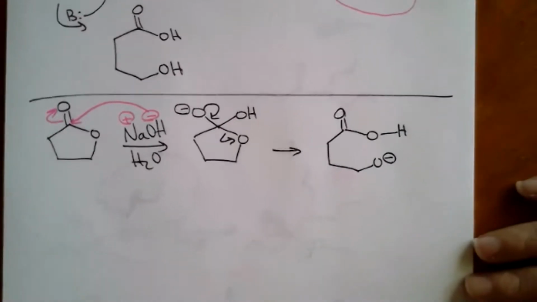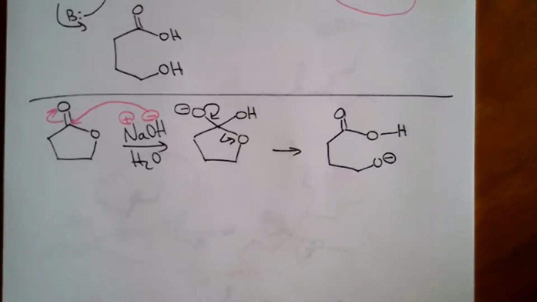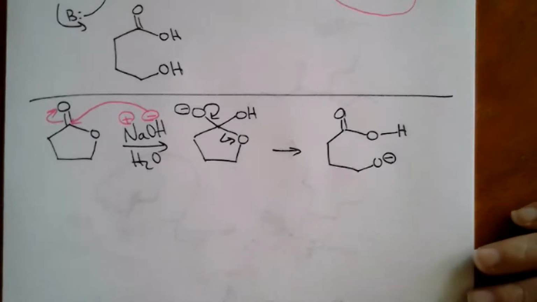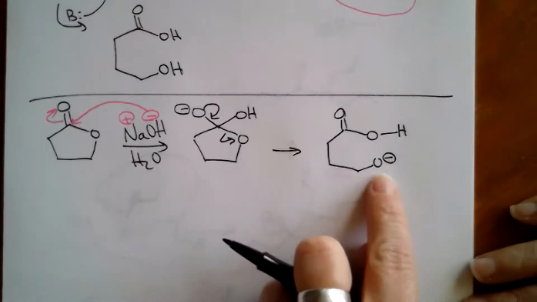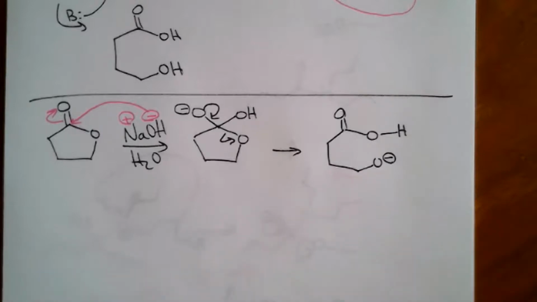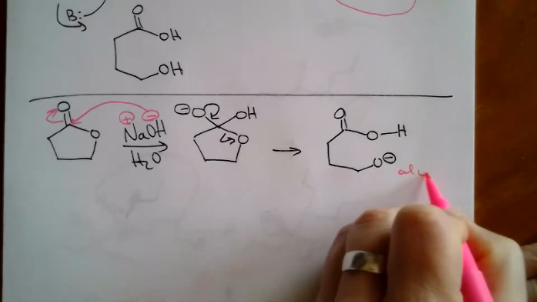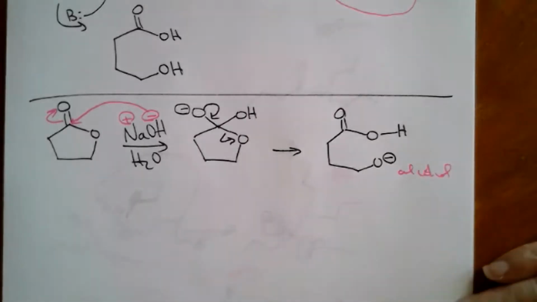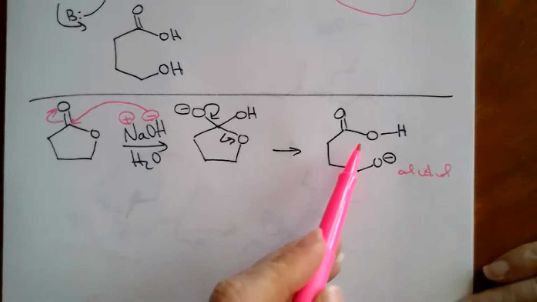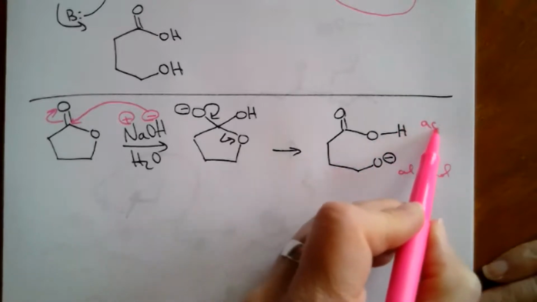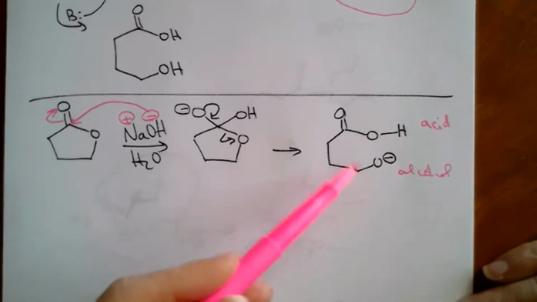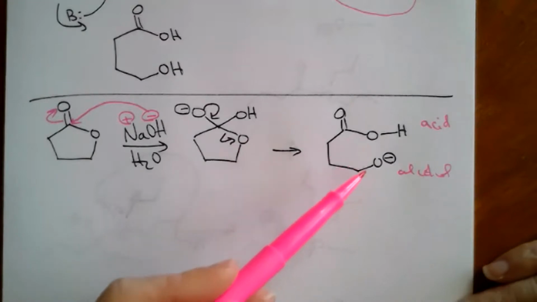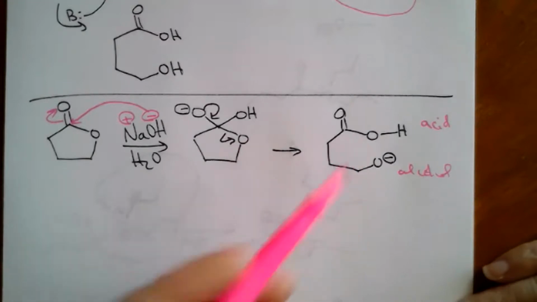Uh-oh. There's a tricky thing that happens next. But you know your acid-base chemistry, so hopefully it's not tricky to you. This is the conjugate base of what functional group? This is a carboxylic acid. These things cannot coexist in solution.